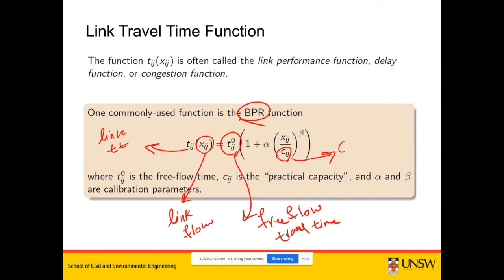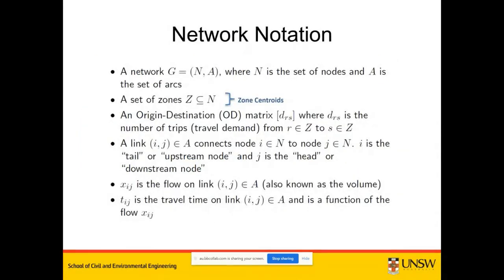Cij is the capacity of link ij, and as we talked before, alpha and beta are model parameters. So let's go over some of the notations as we talked about. These are some of the mathematical notations widely used in the literature around the world. If you get a paper on traffic assignment, they will most probably use the same notation.